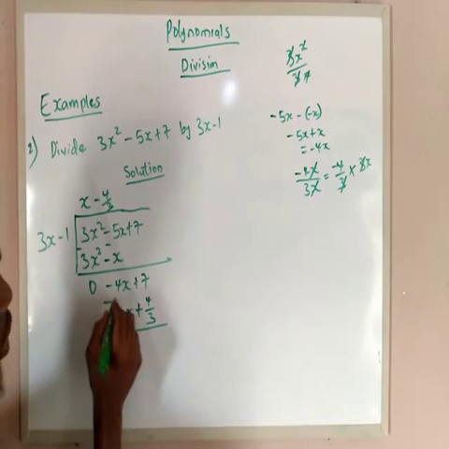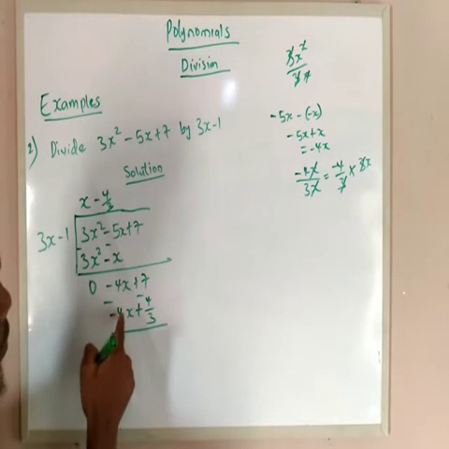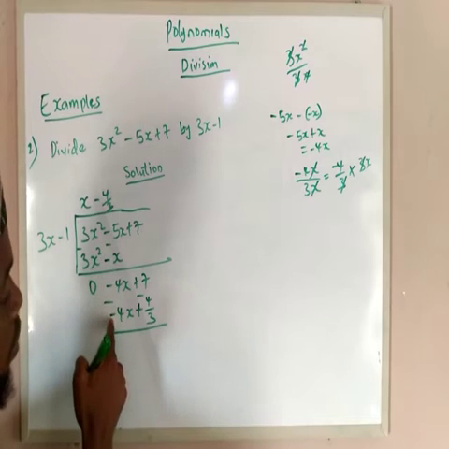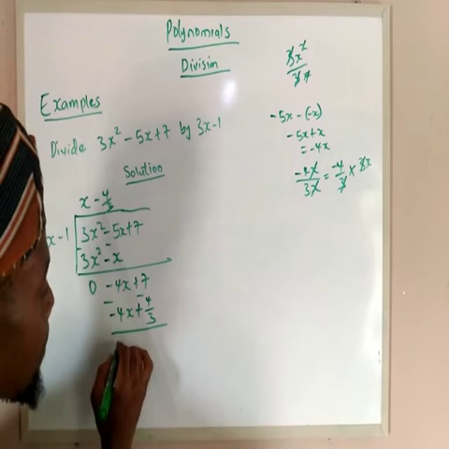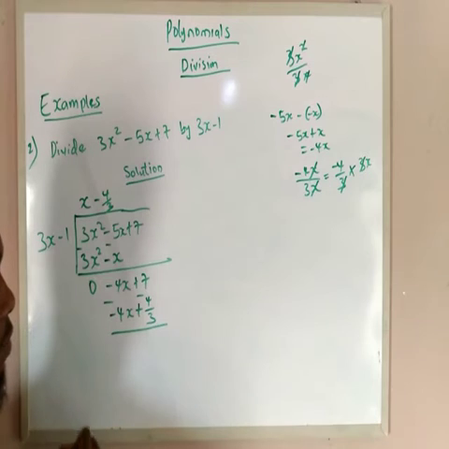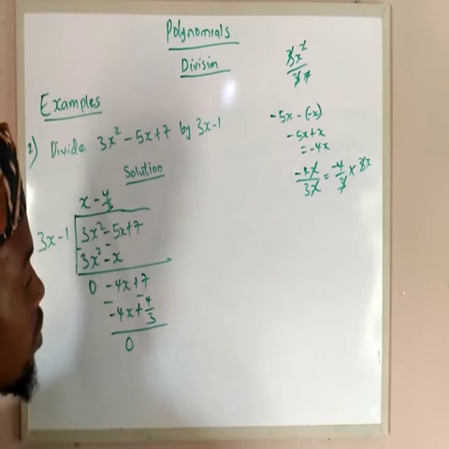So we still subtract through. Minus 4x minus 4x, that will become minus 4x plus 4x, and that will be exactly 0.